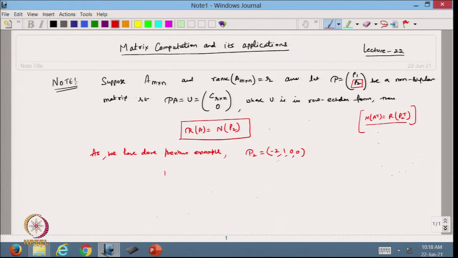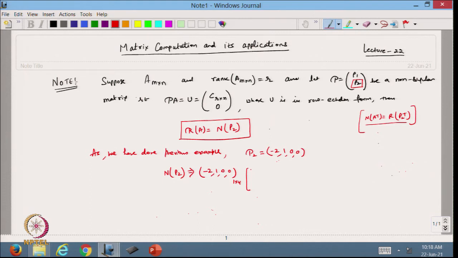Now I want to find the null space of P2. So we write P2, that is minus 2 1 0 0, a row vector of dimension 1 cross 4, and apply it over the element.